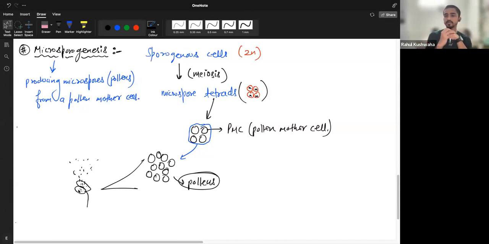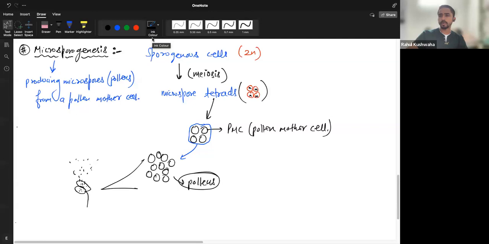So that it can stick to the insect's body, the legs, appendages, fur, etc., the fine hairs that are present on the insect's body. Yeah, correct. So you already know this. Parker is correct. And this is how microspores are produced, and through dehiscence they come out.